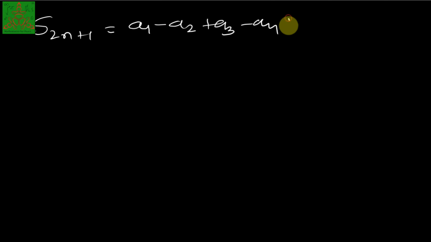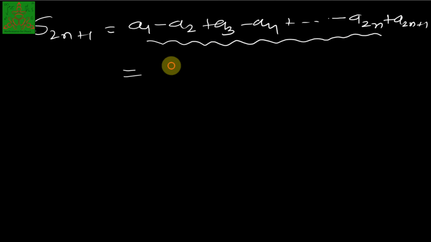It is equal to, we know, a1 minus a2 plus a3 minus a4, and so on, up to minus a_(2n) plus a_(2n+1). So what is this quantity? This quantity is S_(2n), that we know, plus a_(2n+1), and that is S_(2n+1).